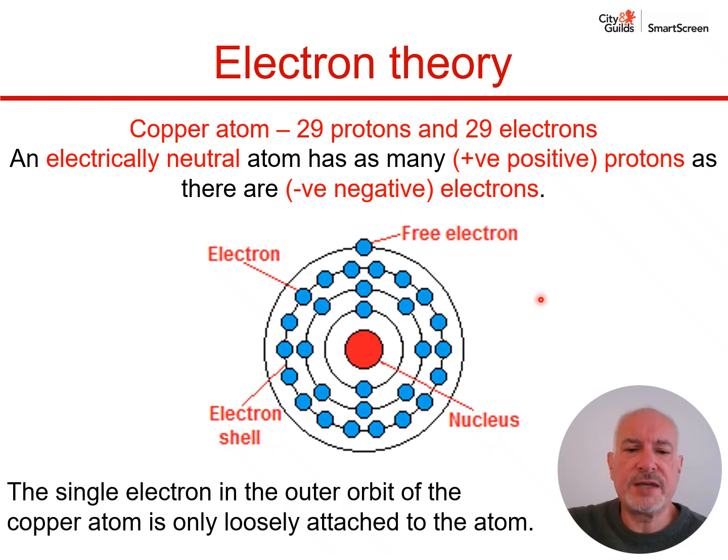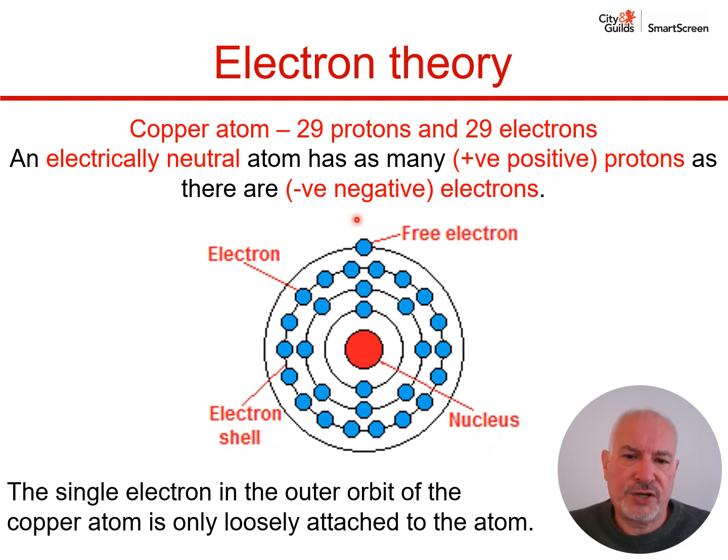Now, the particular electron that I want to point out to you is the one that's the furthest away from the core, and so it's on the outer shell. And in the construction of a copper atom, there's just one electron on the outer shell. And there's something significant about that electron. We call it a free electron. And that's because it's relatively free to move from this atom and to move to another atom.